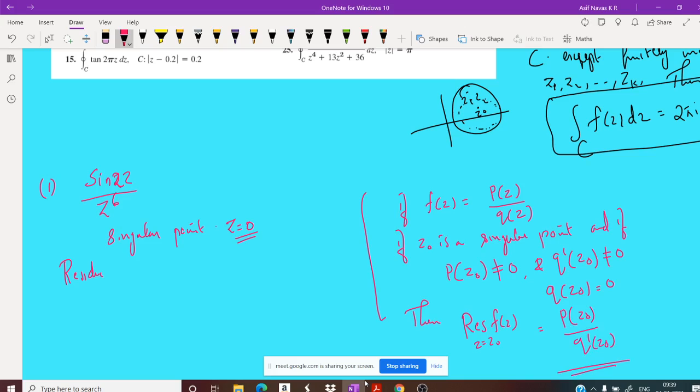We can use this formula if it satisfies this condition.